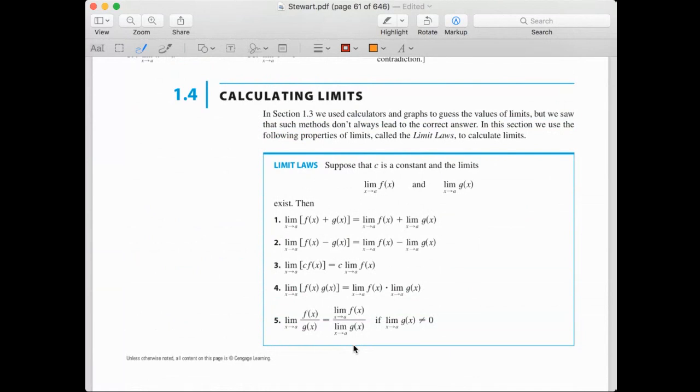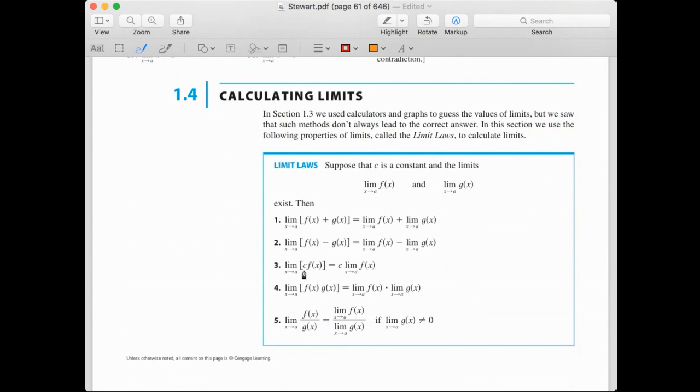Okay, if a limit exists, the limit is just a number, right? So the properties for real numbers stay for limits. The limit of the addition of two functions equals the addition of the limits of the two functions. The limit of subtraction is the subtraction of two limits.